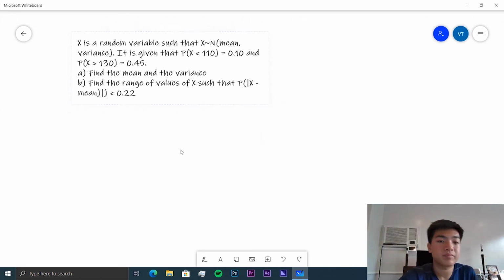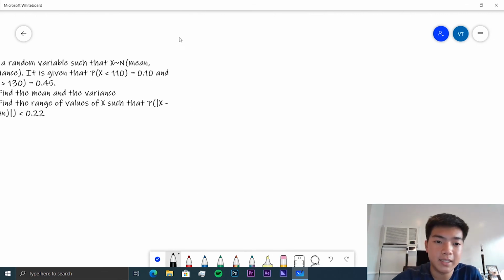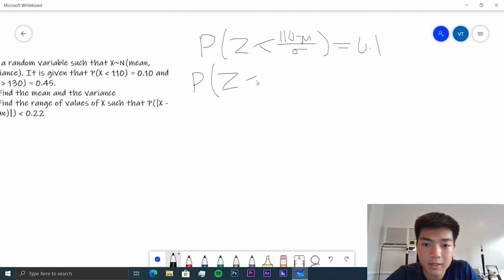Okay. So find mean and variance. We have the probability that x is less than 110 is 0.10. So the probability that the normal variable is less than 110 minus the mean over the standard deviation is equal to 0.1, and the probability that this is greater than 130 minus the mean over the standard deviation is equal to 0.45.